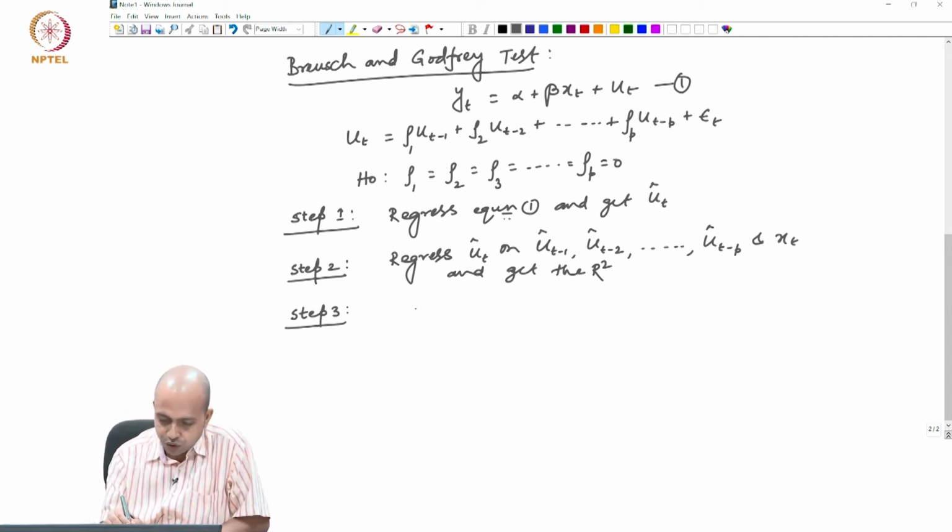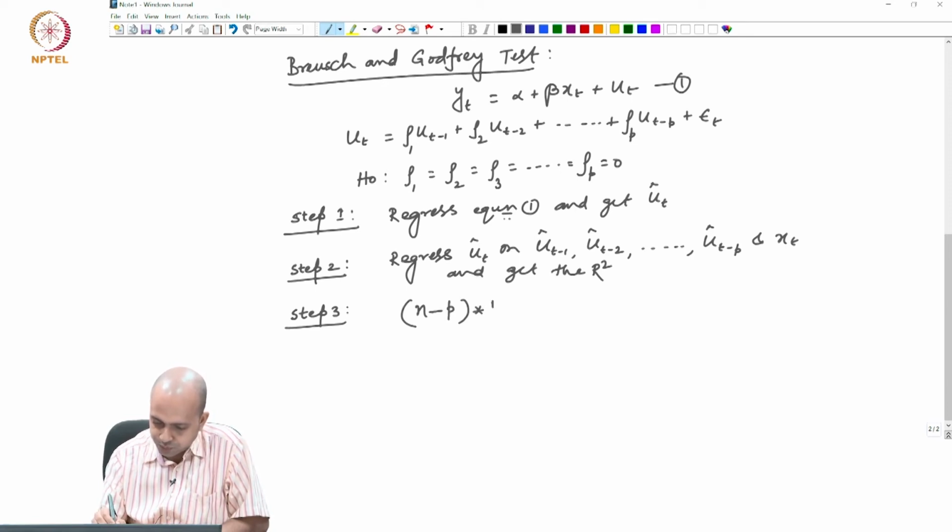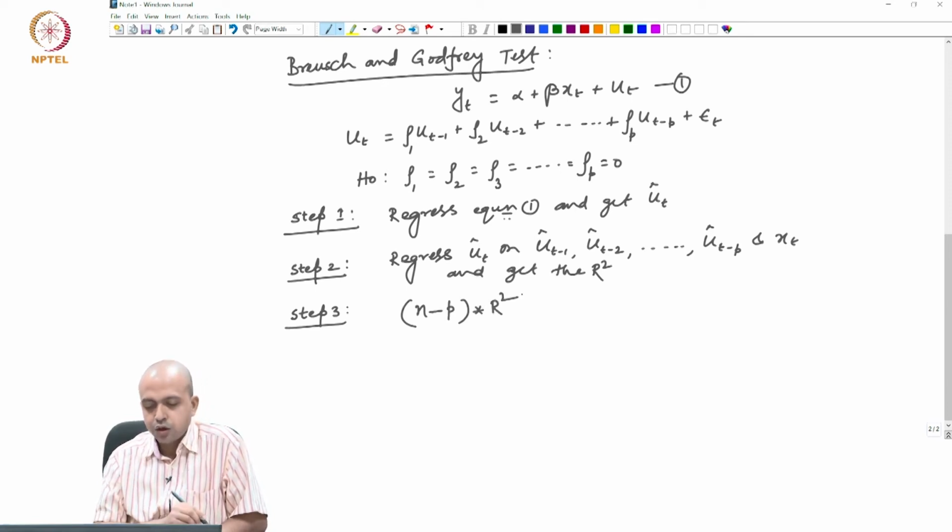Then in step 3, you need to multiply this r square with n minus p, where p is the number of lags and n is the total number of observations. And this follows a chi-square distribution with degrees of freedom equal to p.